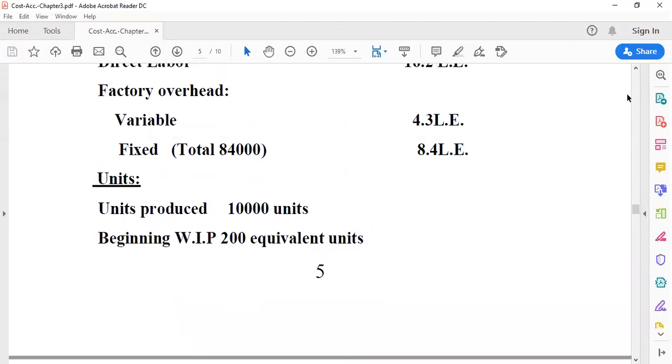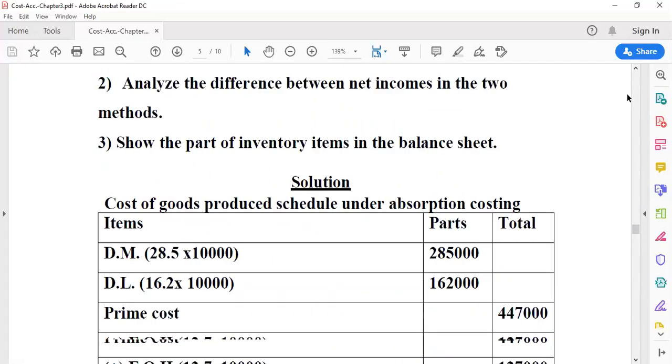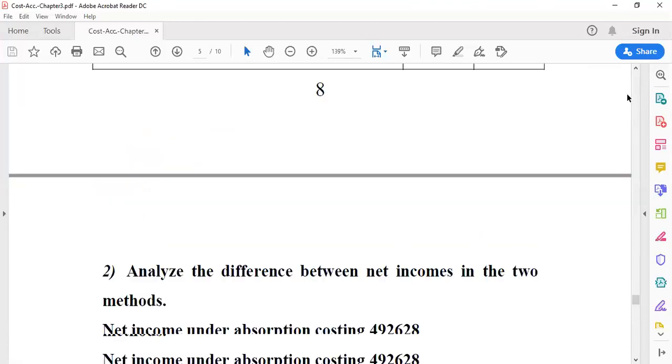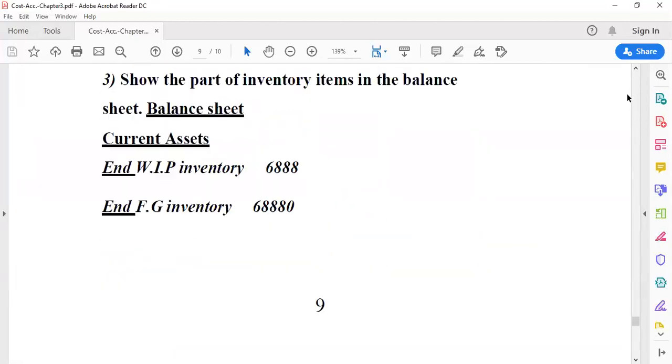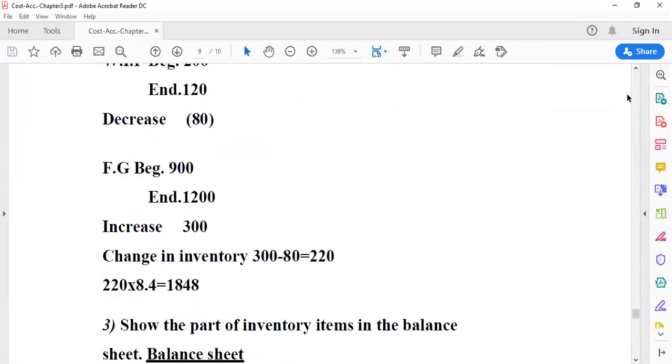Here, your fixed factory overhead amount is 8.4 per unit. This is the amount that caused the differences between the two theories, because under full absorption theory we take this amount into consideration, but under the direct costing theory we separate it. So to calculate the effect of the change in inventory, we need the equivalent units of the change in inventory multiplied by the fixed overhead per unit.